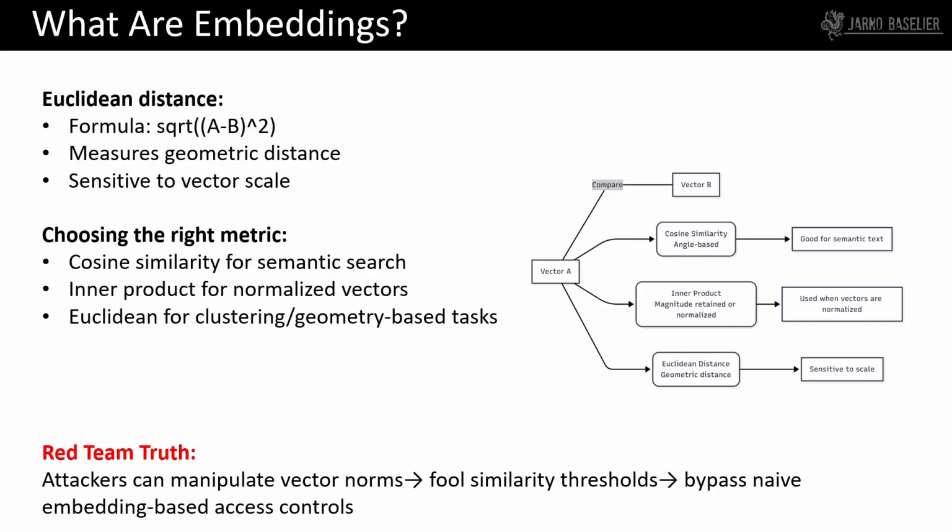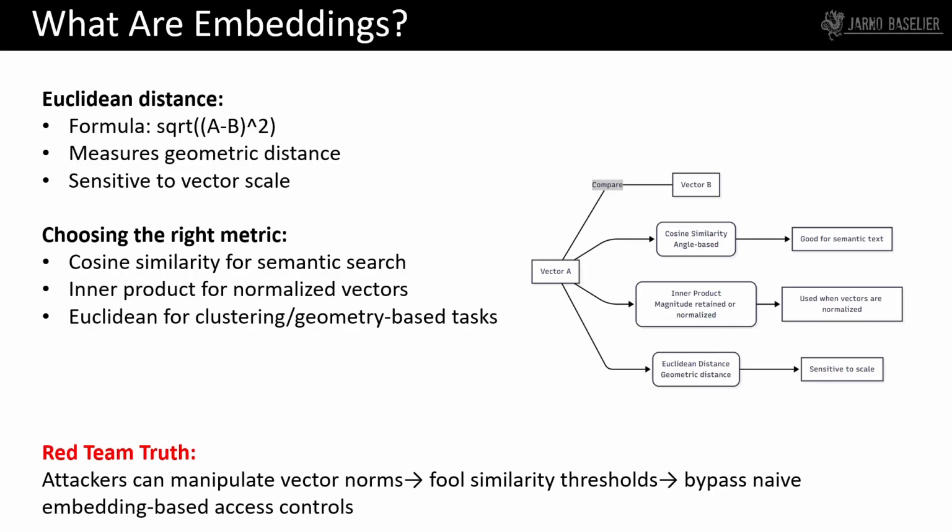This is what we will see in a few slides from now. But it is important to know that there are different kinds of metrics for different kinds of purposes, and we need to be able to choose the right metric. So cosine similarity for semantic search, inner product for normalized vectors, and Euclidean for clustering or geometry-based tasks, which is basically what we see in the graph on the right.